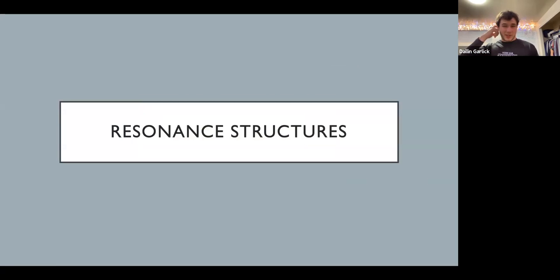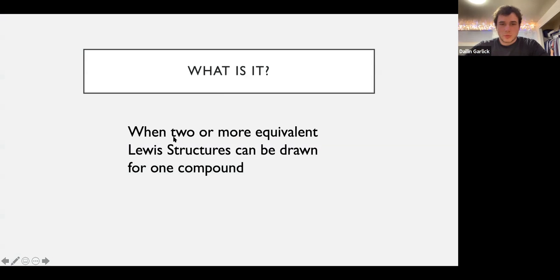So now let's talk about resonance structures a little bit. What is it? Resonance structures are when two or more equivalent Lewis structures can be drawn for one compound.